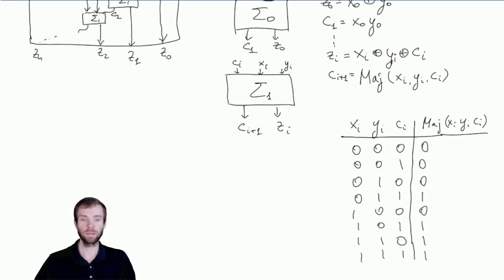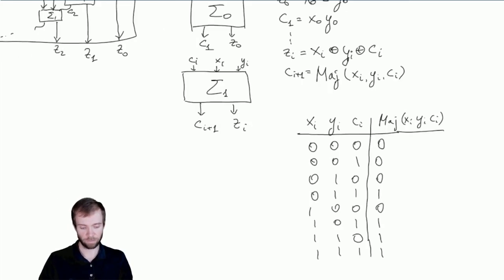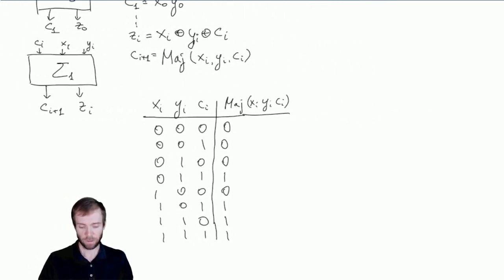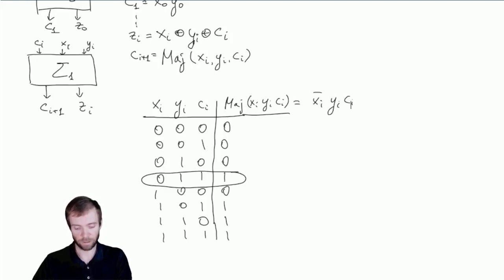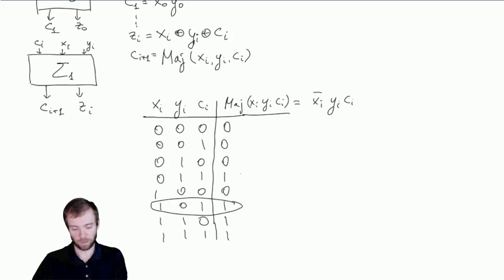So now we can have this function constructed by a disjunction of several elementary conjunctions. We take a conjunction which outputs 1 just on this tuple, and this conjunction is xi negated, yi, ci. Next we take a conjunction that outputs 1 just on this tuple.